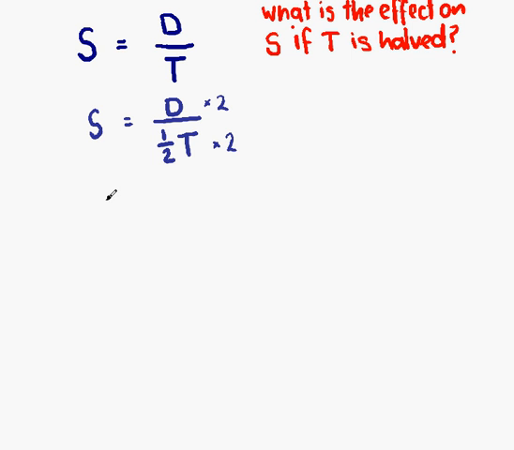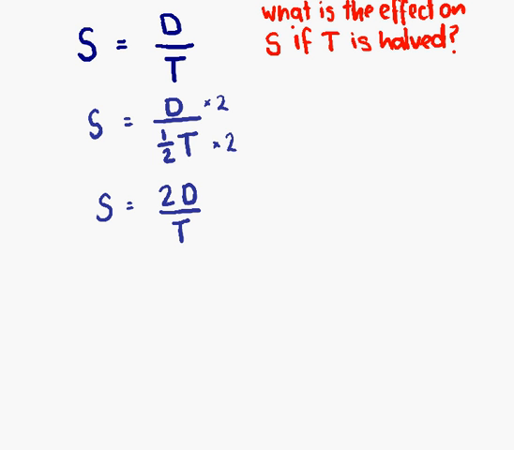So s equals d times 2, which is 2d, over a half t times 2. Multiplying by 2 here just makes the fraction disappear, the half disappear, which leaves us with t on the bottom.